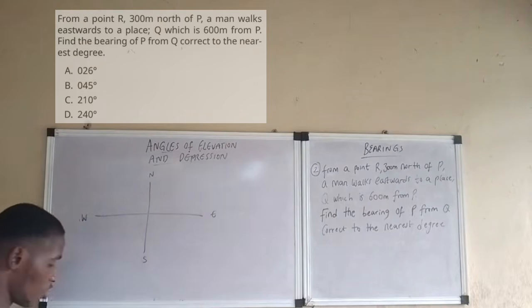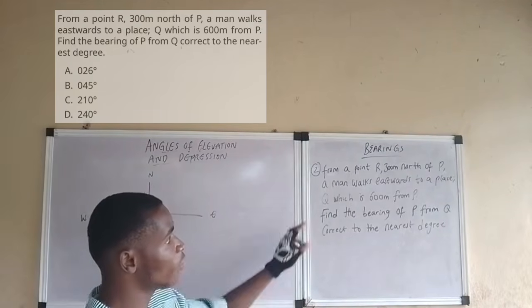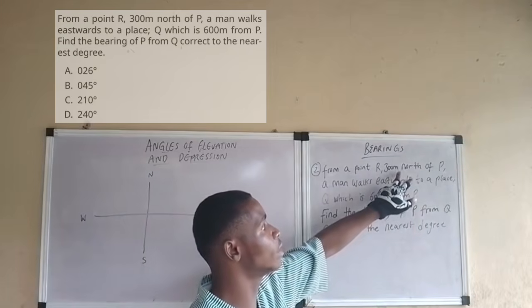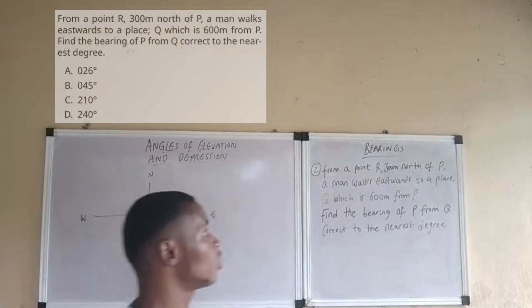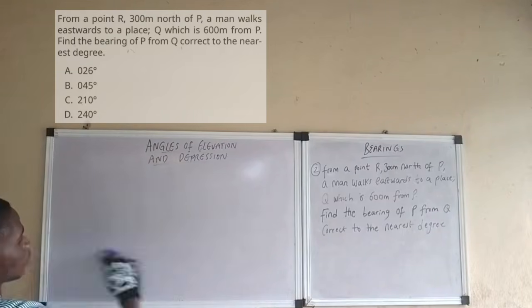You need to know this before you start solving the question. Where is north, where is west, where is east, where is south? You must know it. Now, the question says from a point R that is 300 meters north of P. So there are 2 points. Let me make this cardinal point smaller.